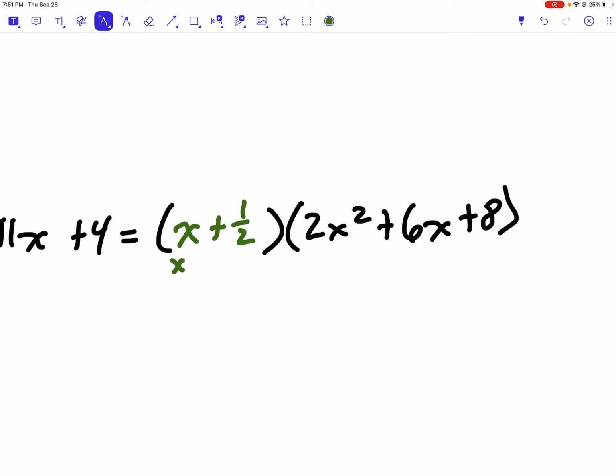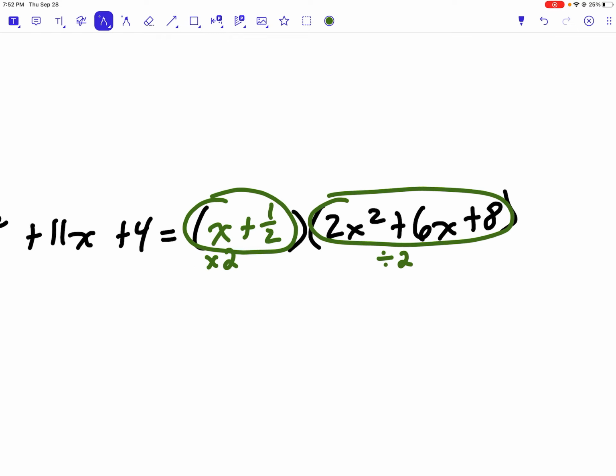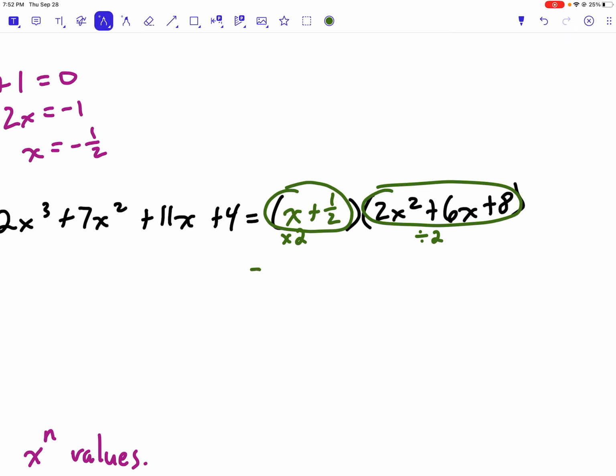So I want this x to have a 2. So I'm going to multiply this right here by 2. But that's not fair to do because I would change the answer. But if I divided this by 2, okay, we'd be okay. We'd have the same answer. So if I multiply this by 2 here, we'd get 2x plus 1.